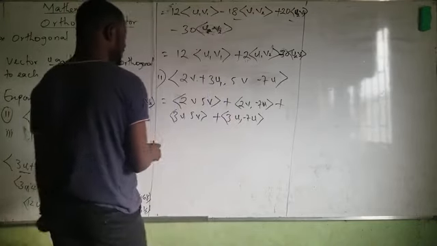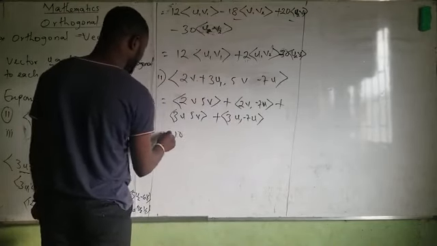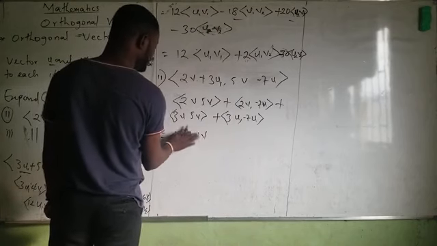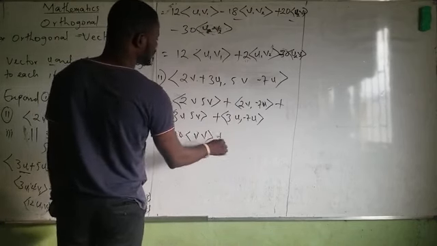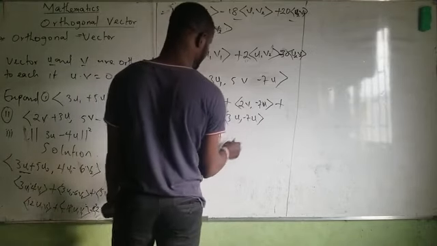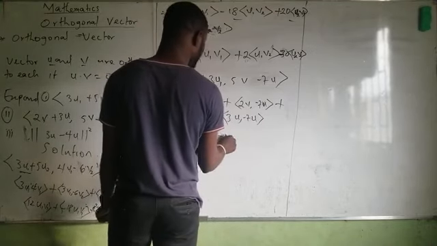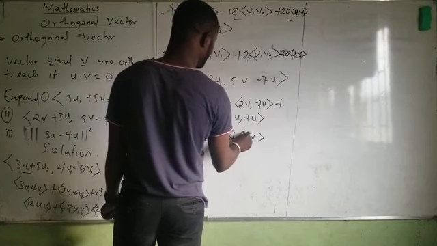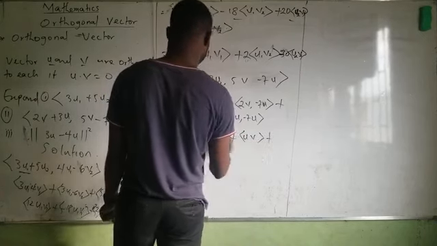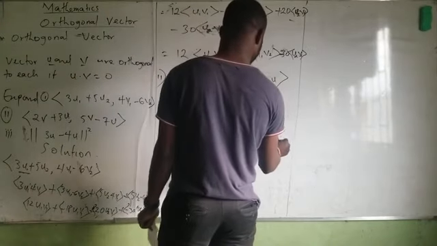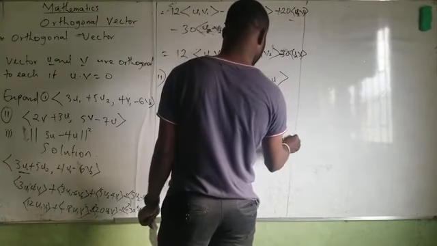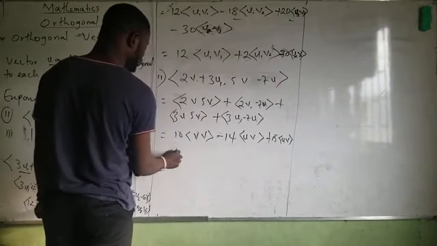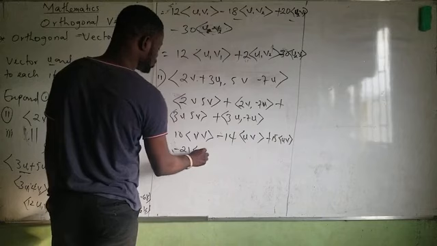Now can you see that this times this I'll be having 10 vv, plus here it will be minus 14 uv, plus this one will be 15 uv, and plus I'll be having minus 21 uu.